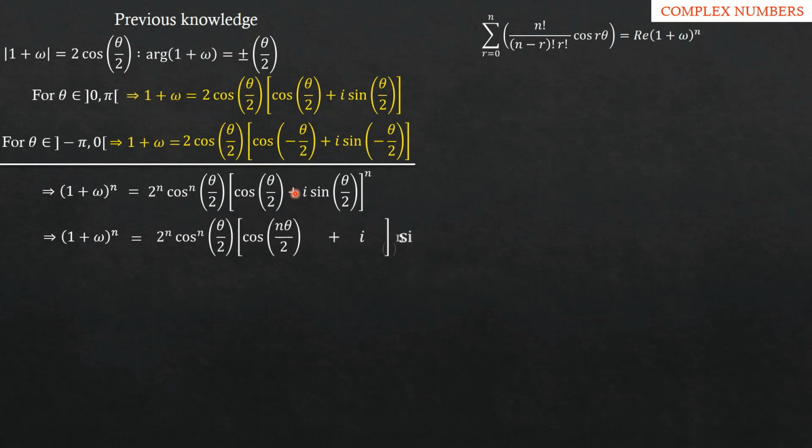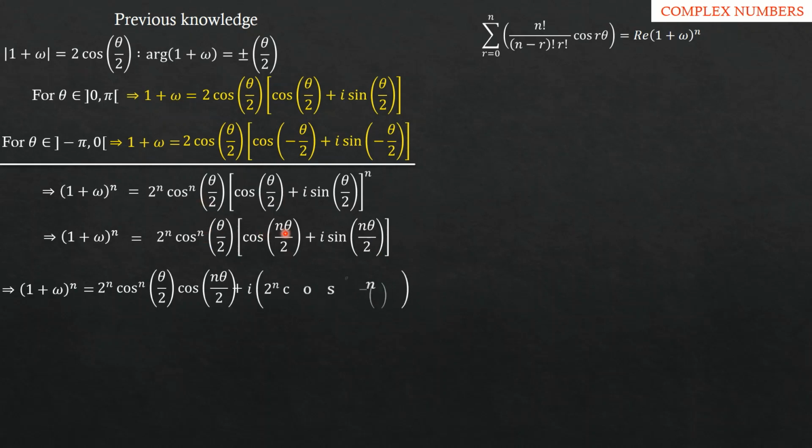So we use the Moivre's theorem first. The n multiplies now the argument. So we have cos n theta on 2 plus I sine n theta on 2. Now we separate the real parts and the imaginary parts by multiplying each of them with the modulus. So we have the modulus times the real part plus I times the modulus times the imaginary part.